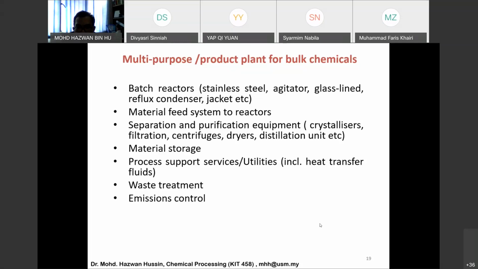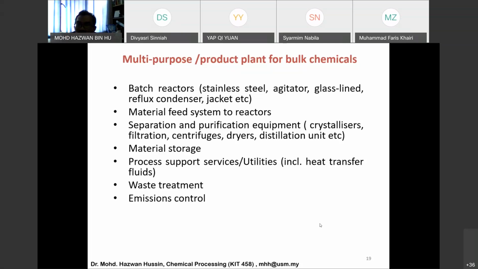Material storage, how to store the materials, and then process support services, utility, including heat transfer fluid, waste treatment, and also emission control. So if there's any gas that is formed, you will see that in some industry they will use a flare. Does anyone know what the function of a flare is?